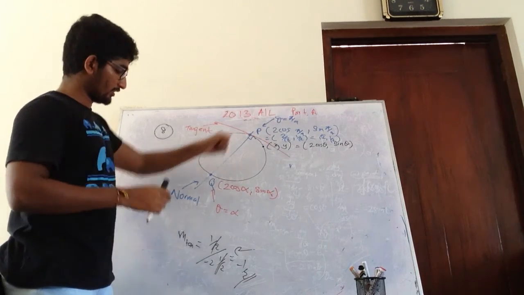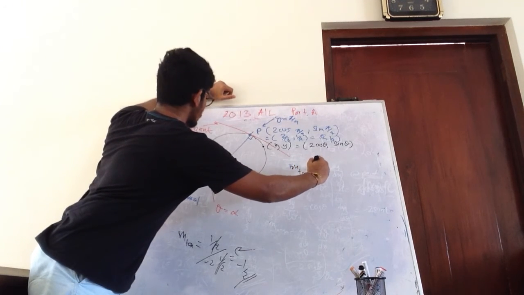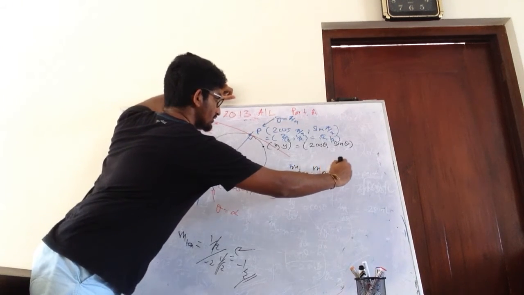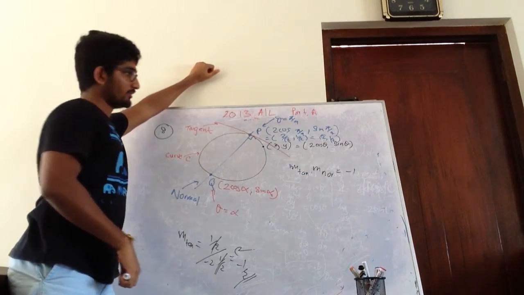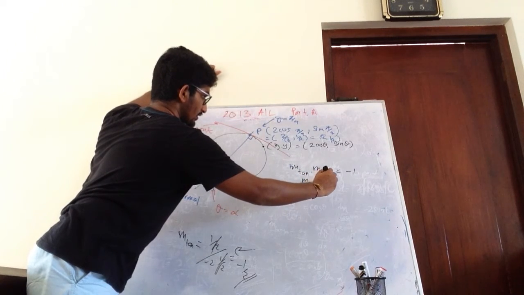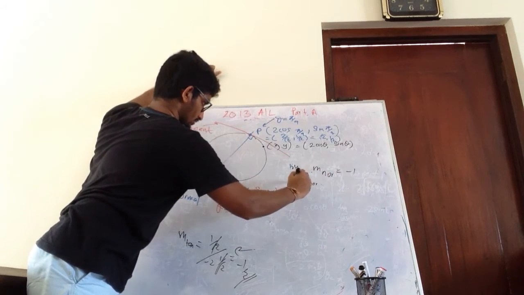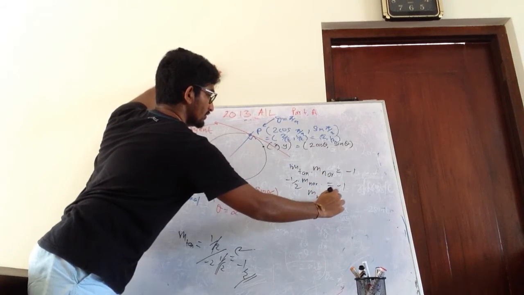Because m tangent times m normal is going to be minus 1, as these are perpendicular, minus half times m normal is minus 1, so m normal is going to be 2.